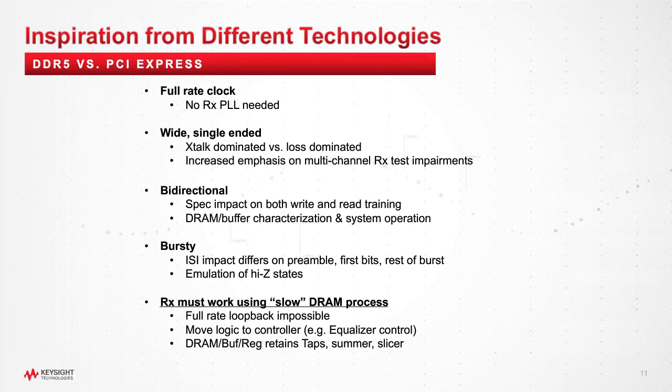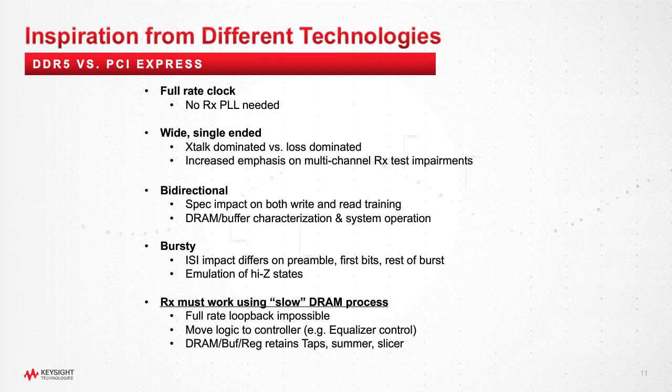You've got very little crosstalk to deal with between the channels, whereas memory is notoriously dominated by crosstalk, and it's much more important than signal loss in generating eye closure. So there has to be more emphasis on crosstalk-oriented multi-channel interference impairments when specifying and characterizing the I/O.